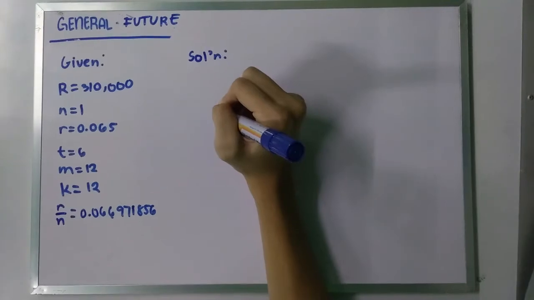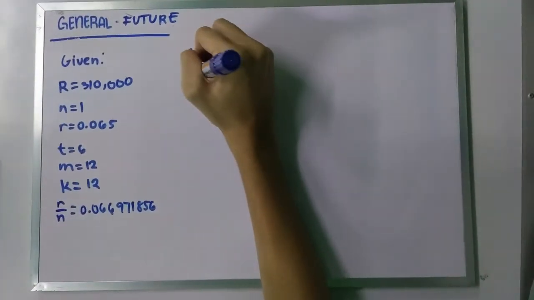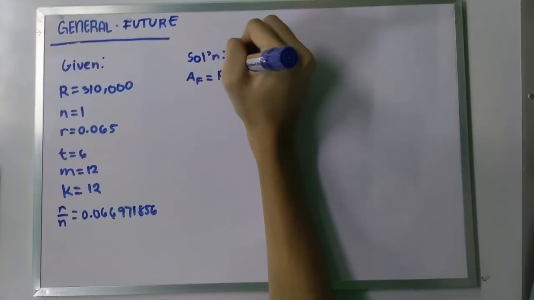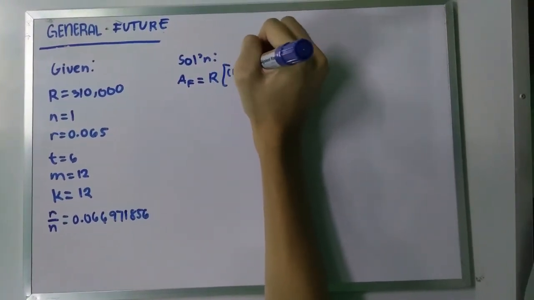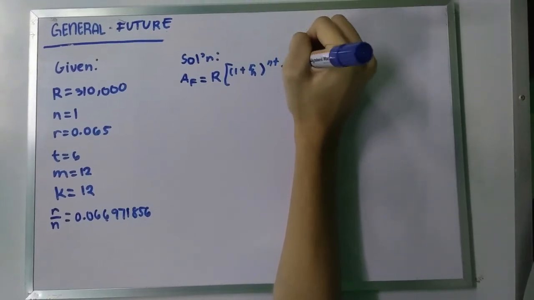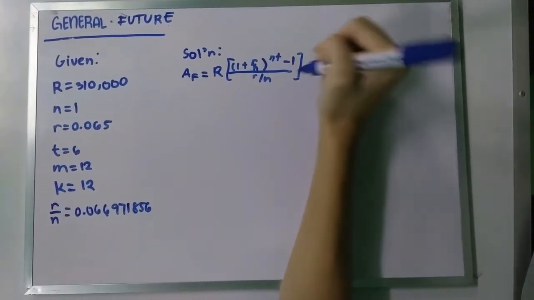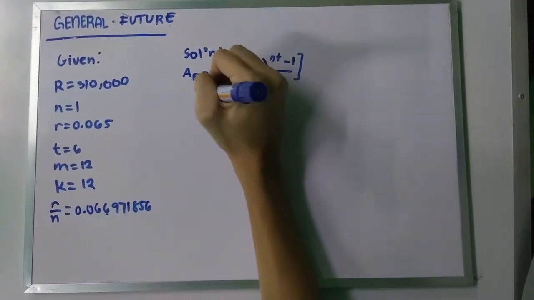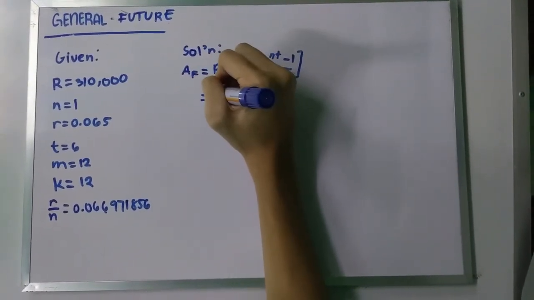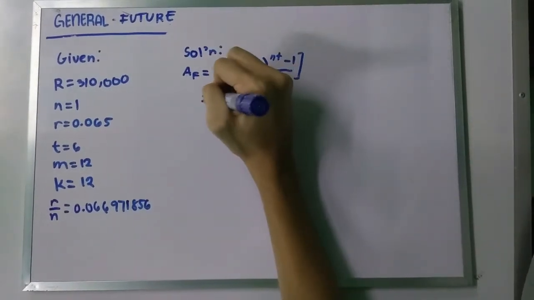After getting our R over N, let's move on to the main formula, which is A sub F is equal to R times the quantity of 1 plus R over N to the power of N times T minus 1, all over R over N. Before solving, we need to substitute the values. Just look between the given and the solution.